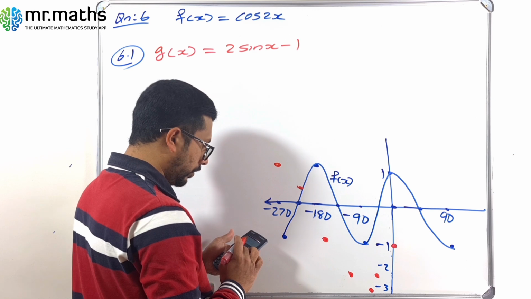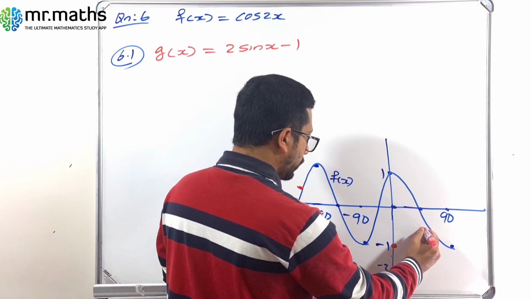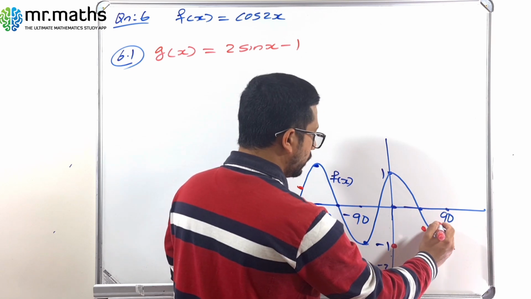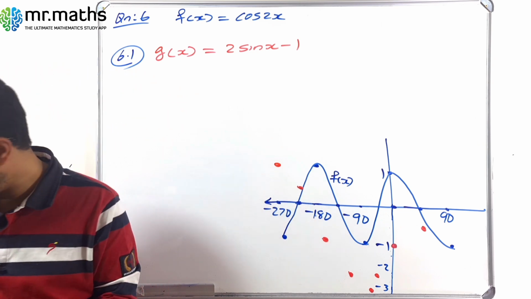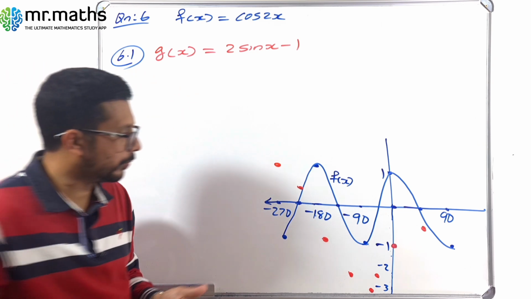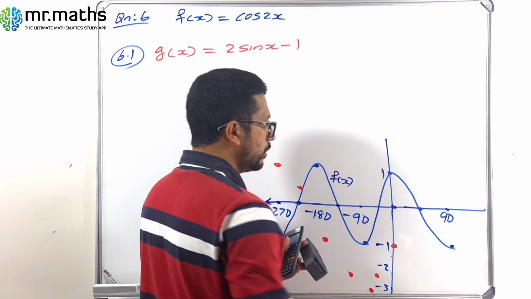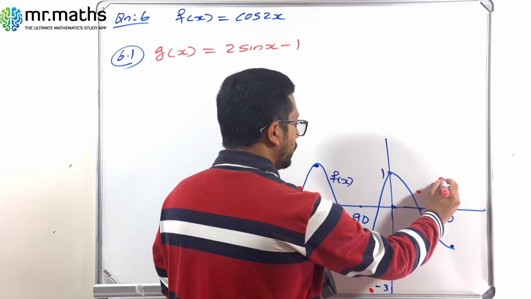Then 45 is 0.41, that is this one, and 90 is 1. So it means 45 is on top, not minus 0.41, positive 0.41, that is here. And 90 is 1.